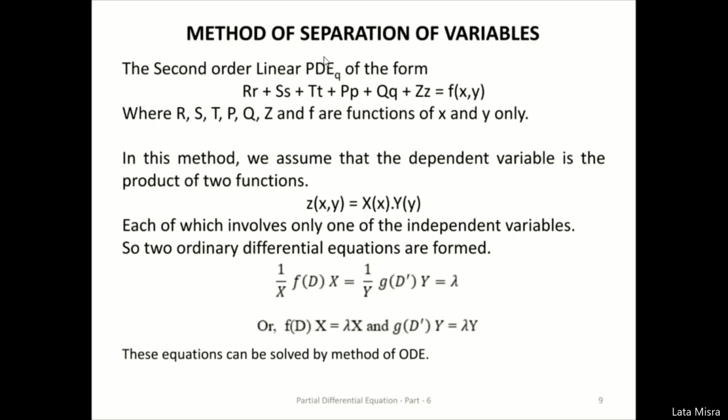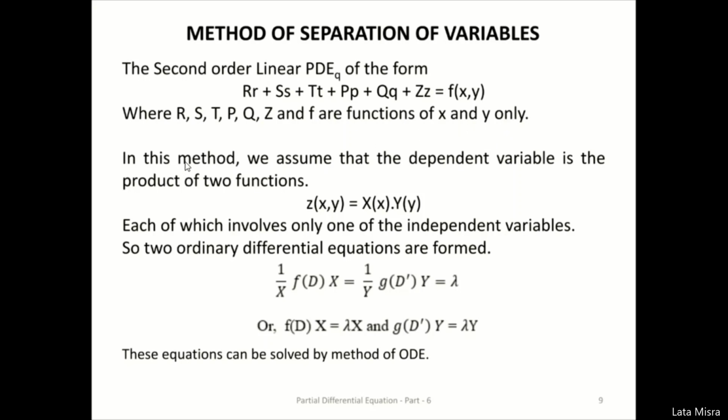Method of separation of variables. Here we consider the second order linear partial differential equation as capital R small r plus capital S small s plus capital T small t plus capital P small p plus capital Q small q plus capital Z small z is equal to a function f of x and y, where R, S, T, P, Q, Z and the function f are also functions of x and y only.